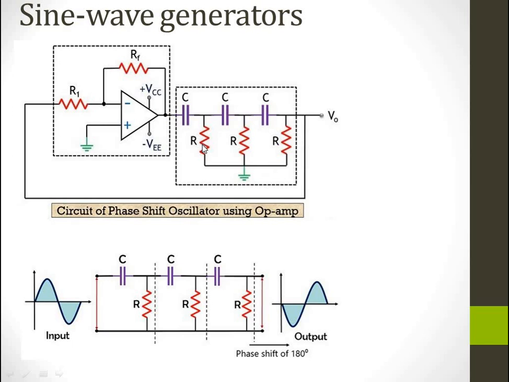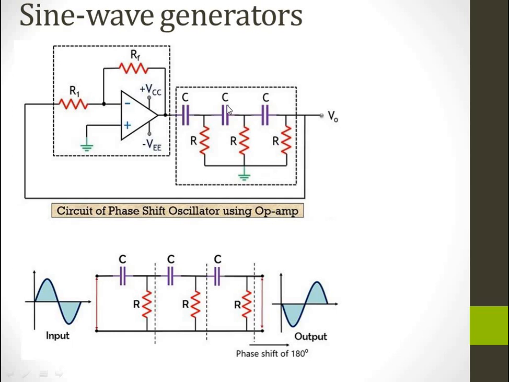This is the first RC network, this is the second RC network, and the third RC network, and all these capacitors are identical. Similarly, all these resistance values are identical, right? So each stage will produce 60 degree: 60 plus 60, 120 plus 60, 180 degree. This feedback network alone will produce 180 degree, and another 180 will be produced by the inverting mode of the amplifier. So totally we get 180 plus 180, 360 degree. Now the feedback condition is satisfied.